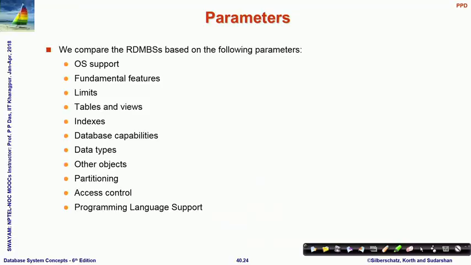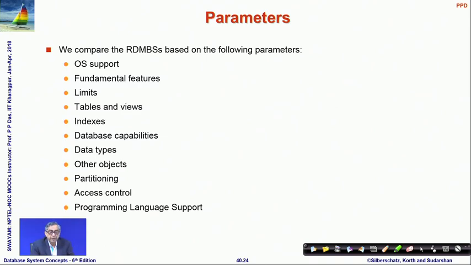So, you need possibly an interface in terms of C, C++, Java, Python, this kind of programming language. So, how do you connect to or embed your relational query into different languages differs between different database systems. So, these are the parameters that you must look at.